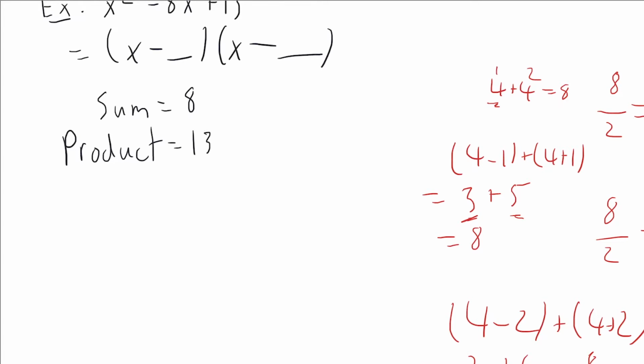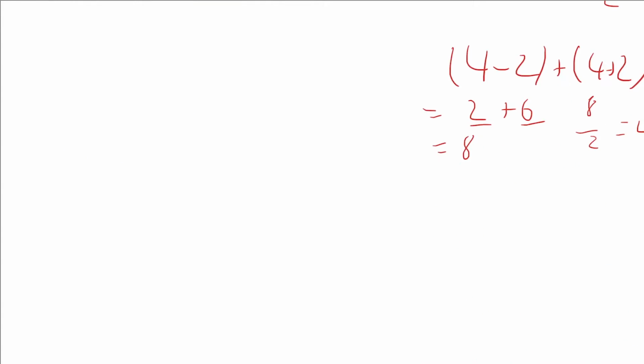And to get that, let me scroll down here. We have to get 4 minus some value. So let's let v be an unknown. We have to have 4 minus some value.